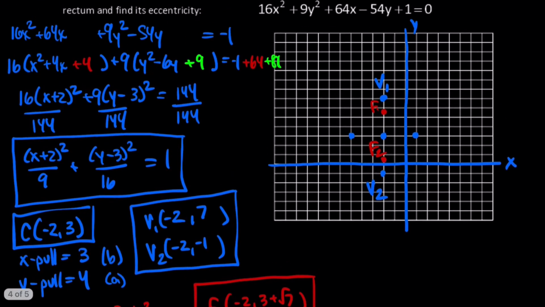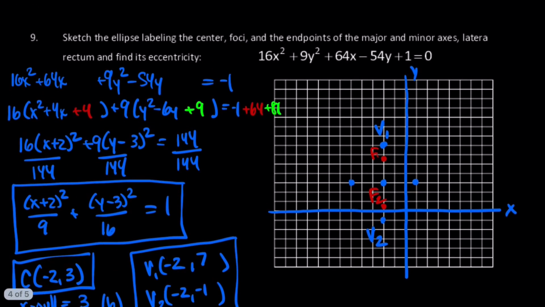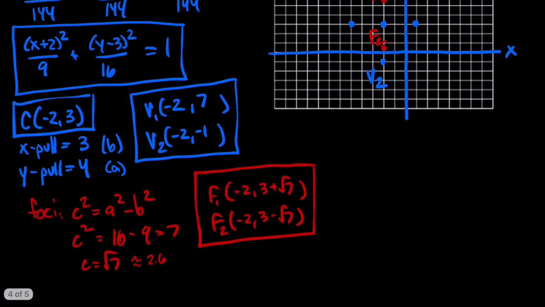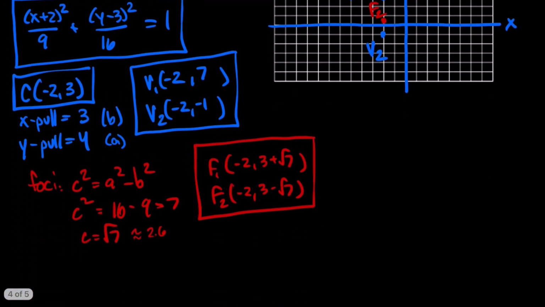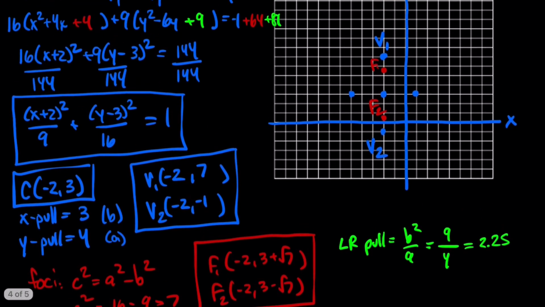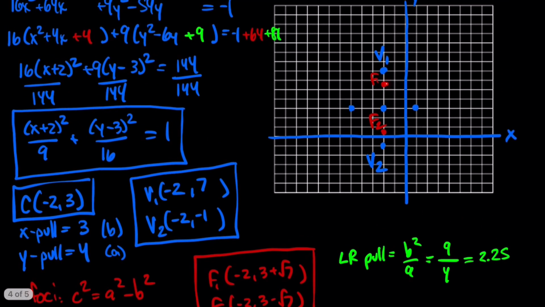All right, so now, eccentricity, I'll get that in a second. Latera recta. This is where you have to remember the LR pole equals b squared over a, and why it's important that you know a and b. So in this case, b is 3, b squared will be 9, a is 4, 9/4 is simply 2.25. So the distance from the focus to the LR is 2.25.